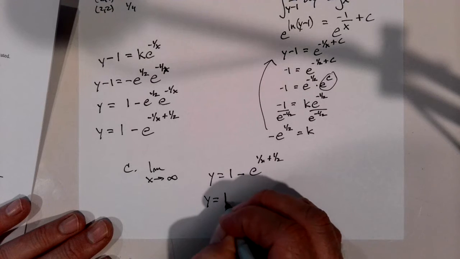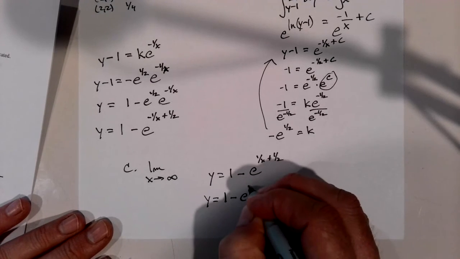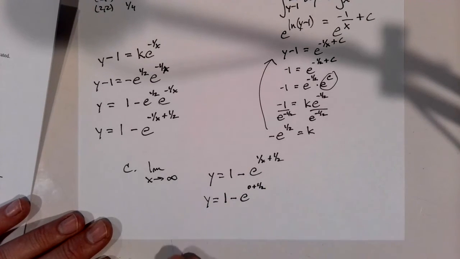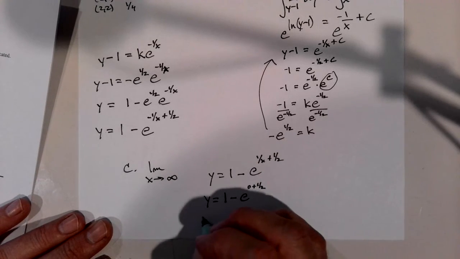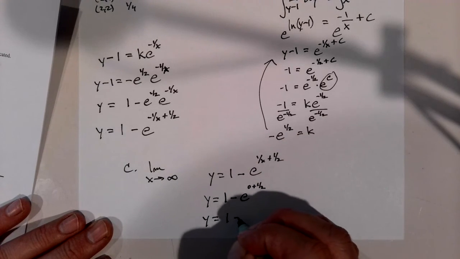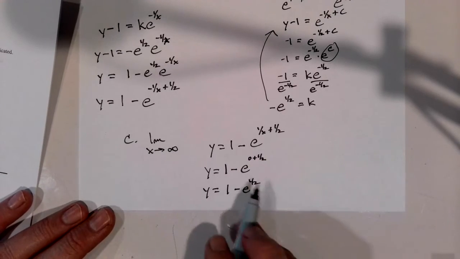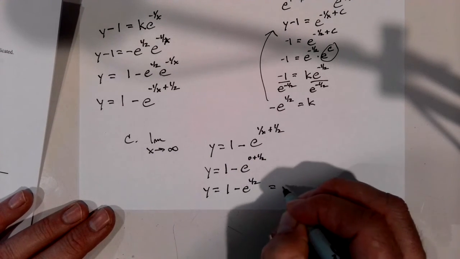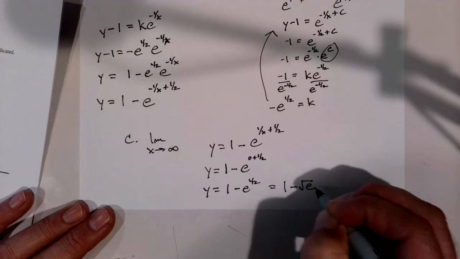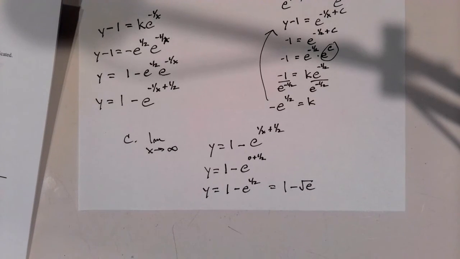So y is equal to 1 minus e to the 0 plus a half, which would be y is equal to 1 minus e to the 1/2. That's a suitable answer. A lot of people recognize that the 1/2 power is a square root, so 1 minus the root of e. And there it is.